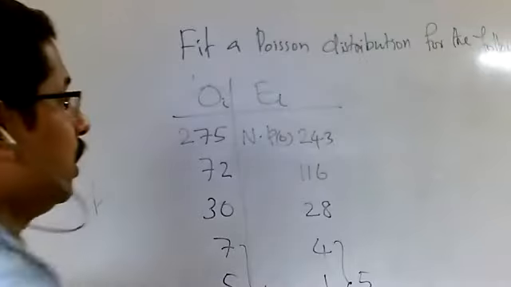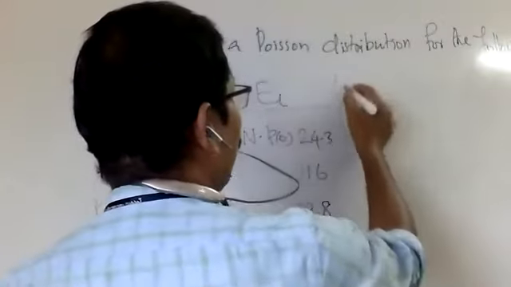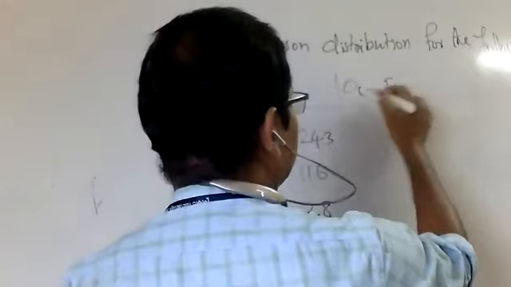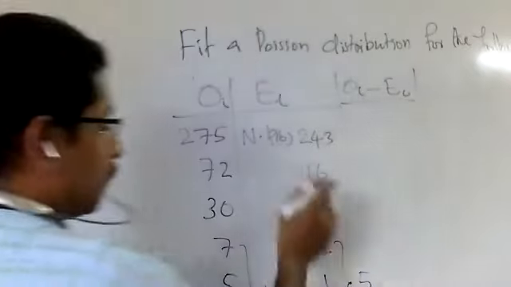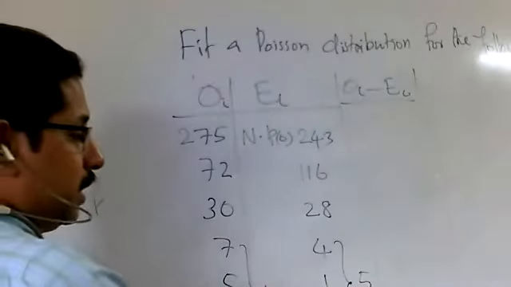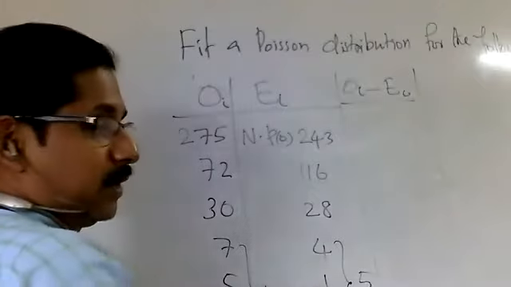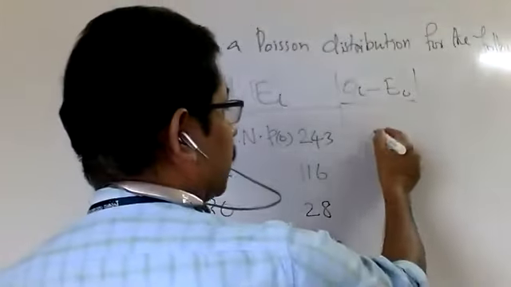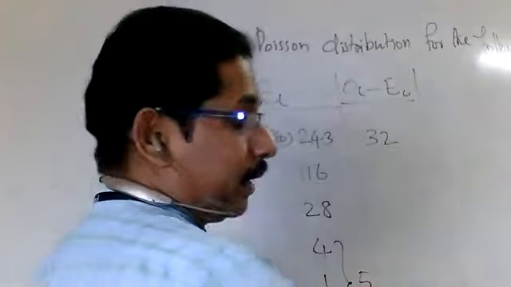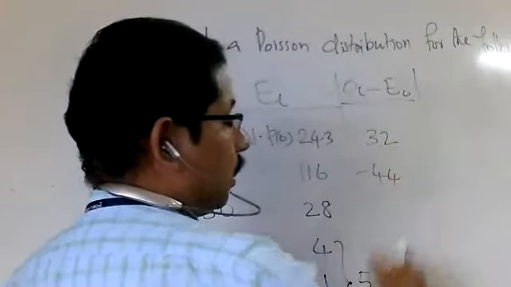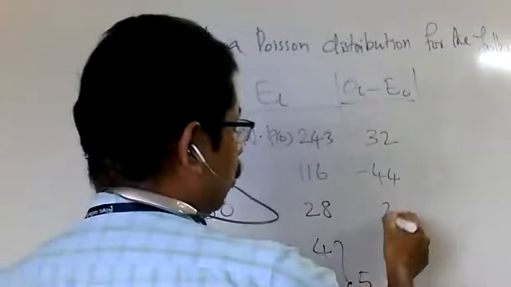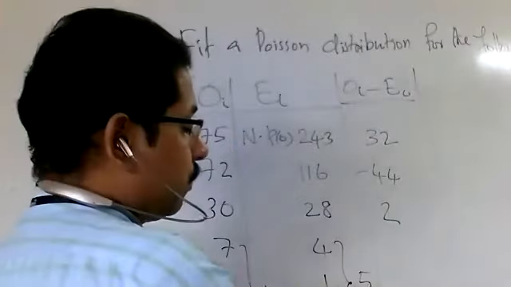Now find OI minus EI. That is just the difference of these values. For this merged case, you find the total of those values. Here this difference is 32, and next it is 44. Then next it is 2. Here it is 15 minus 5, it is 10.